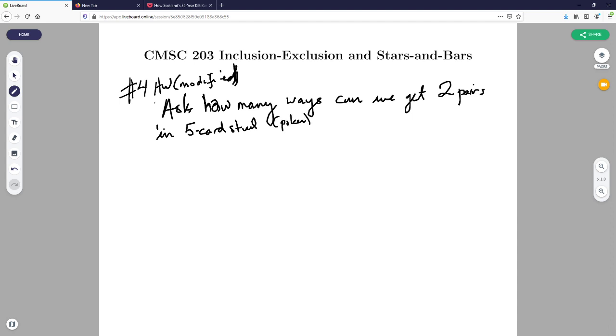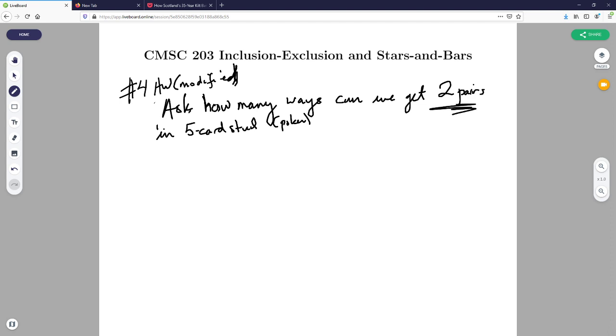So, okay, let us begin to attack this problem by dealing with what kind of choices we have to make. So what does two pairs mean?